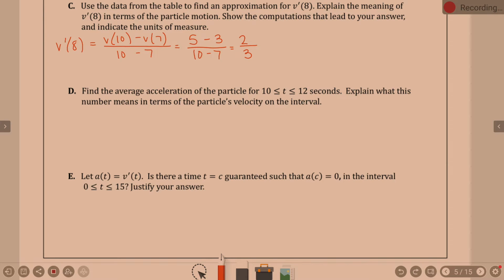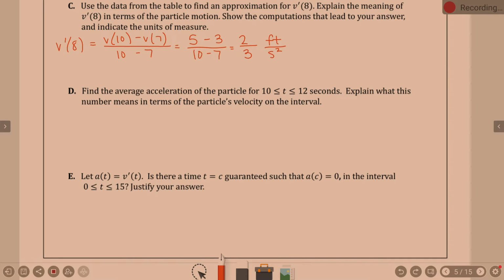Okay, it's the derivative of velocity. So it's feet per second, or yes, I prefer feet per second squared. Because this derivative is positive, what does it tell me about velocity? A positive derivative is going to tell me that at that point it is increasing.